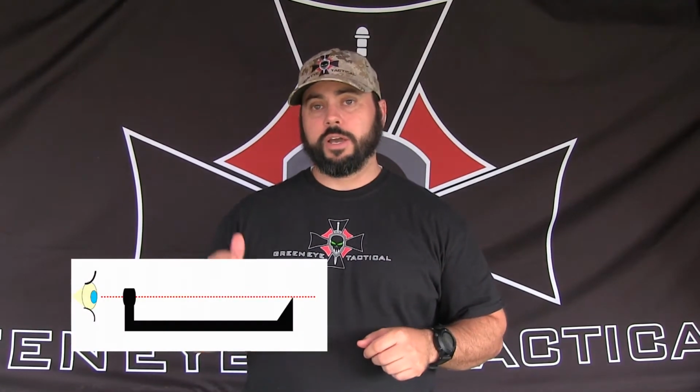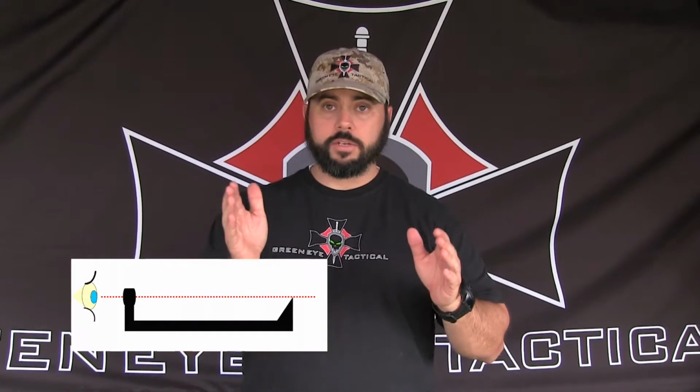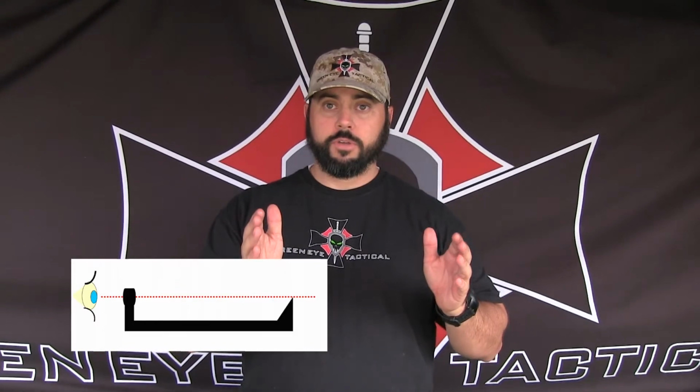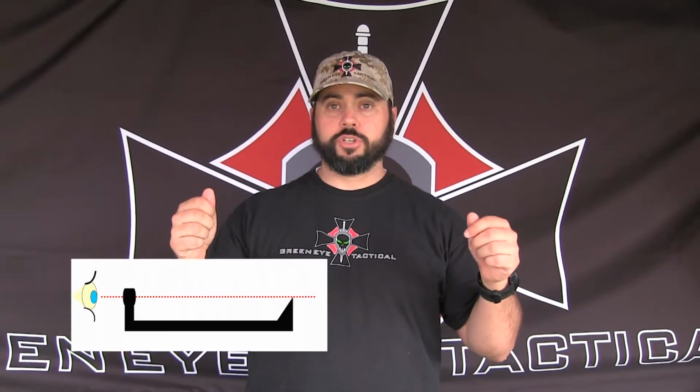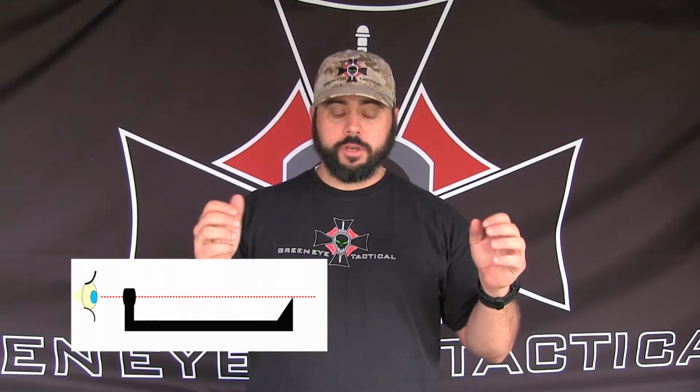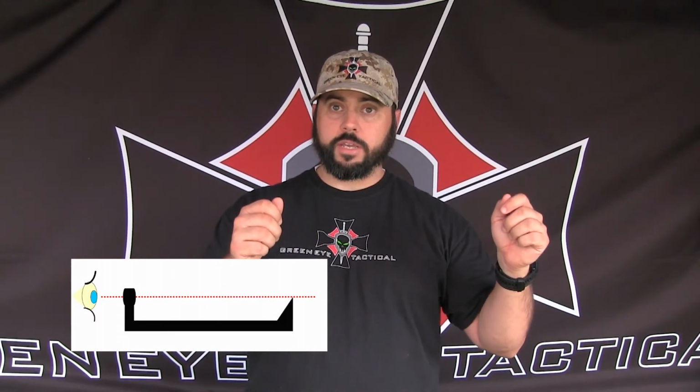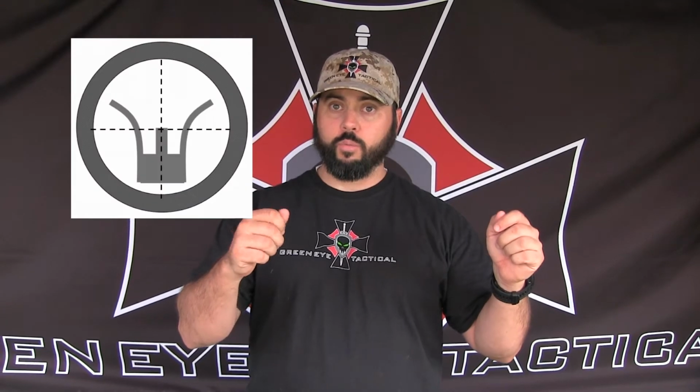So to achieve that, what we're actually doing is aligning our eye behind the rear sight aperture and referencing the front sight aperture. We change the position of our eye to make our front sight appear properly with our rear sight aperture. Meaning we want to have it appear in the center.